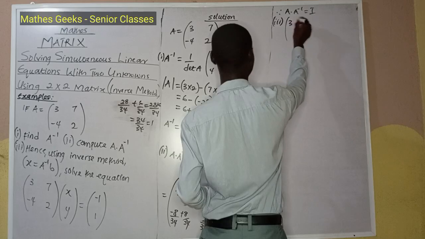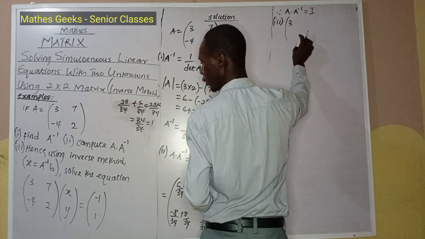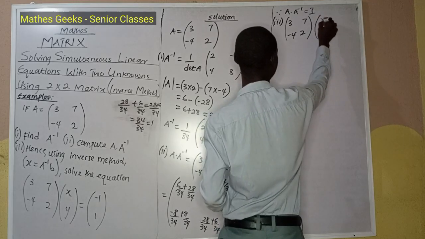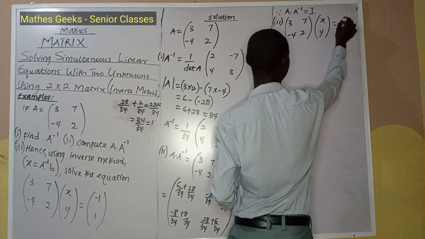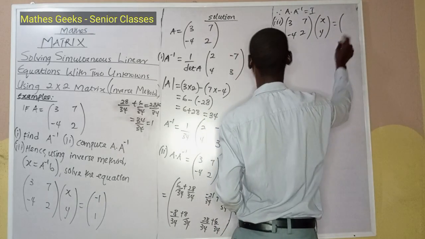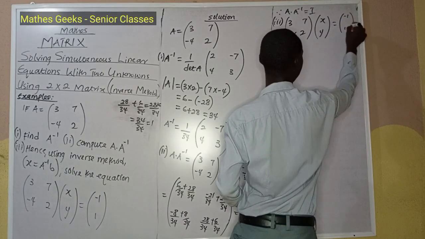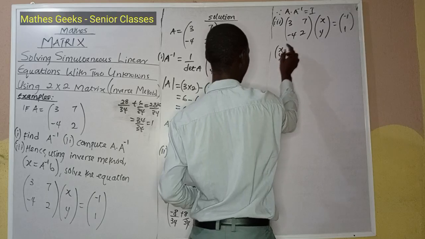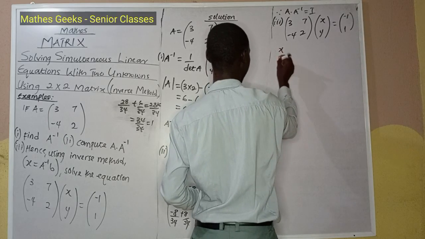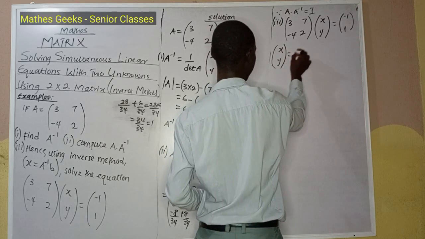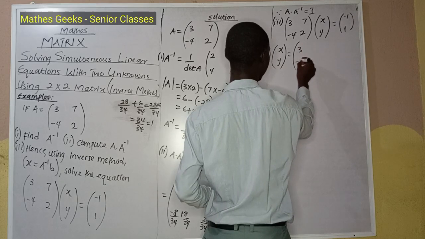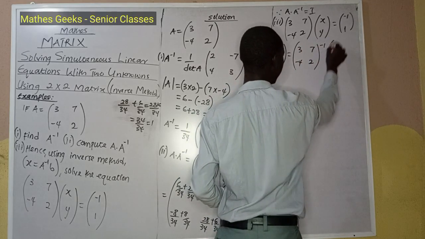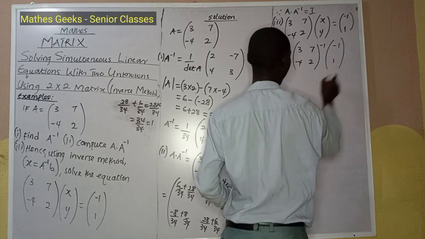So [3, -4; 7, 2] times [x; y] is equal to [-1; 1]. So [x; y] equals [3, -4; 7, 2] inverse times [-1; 1].